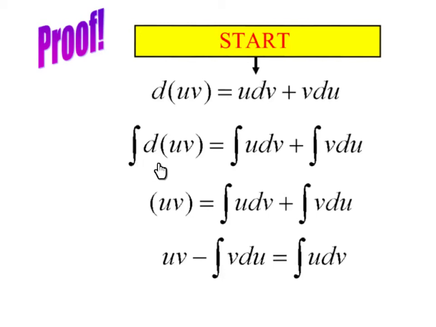So you can see I just did the integral. And integrating this side, you can split by addition and do the integral of each term. Well, by fundamental theorem of calculus, the integral of the derivative is just uv. And I think now you can see how you can manipulate this to be the formula you want. Okay, so it really is just doing product rule and then integrating product rule.